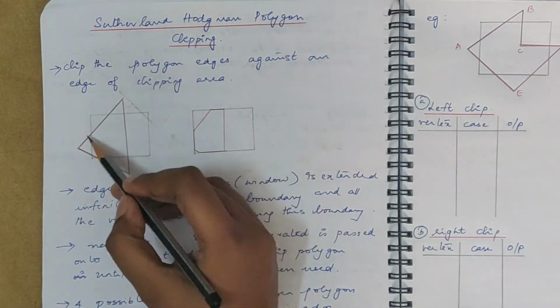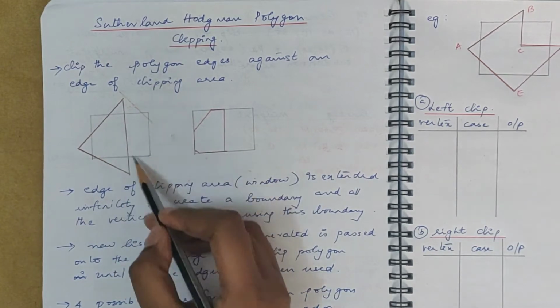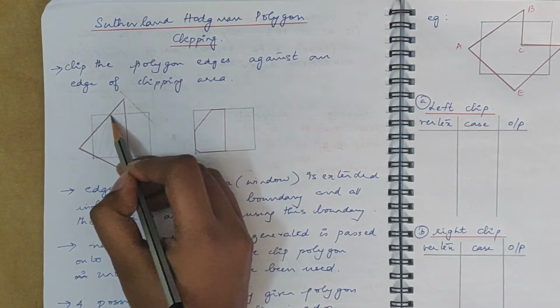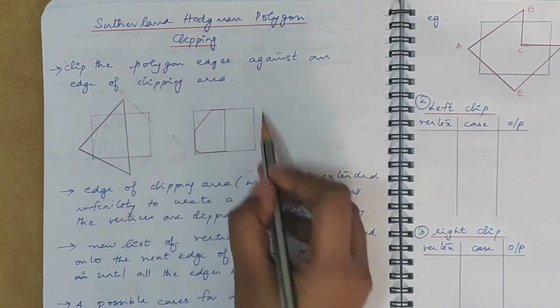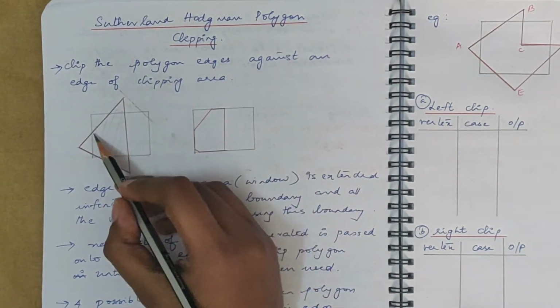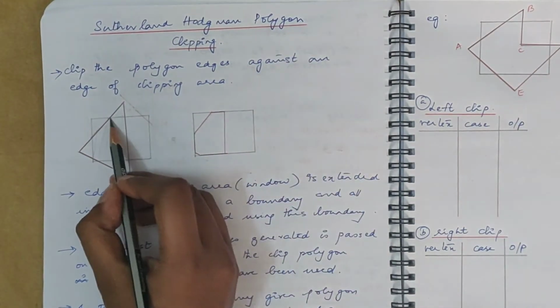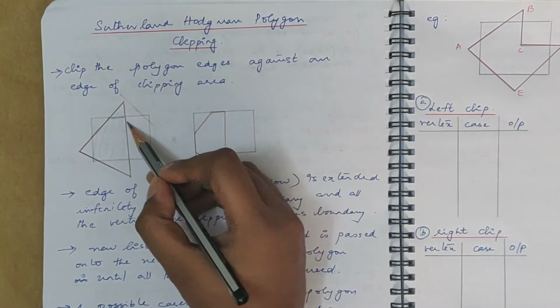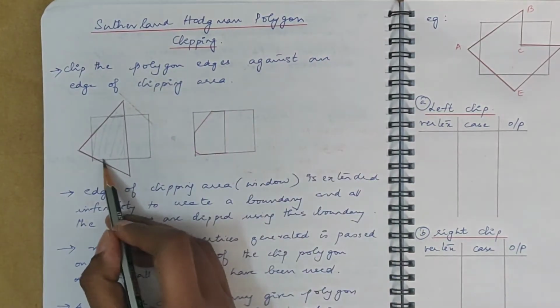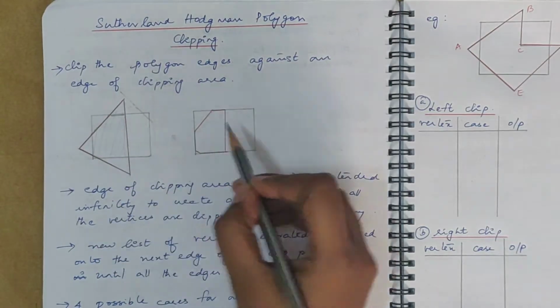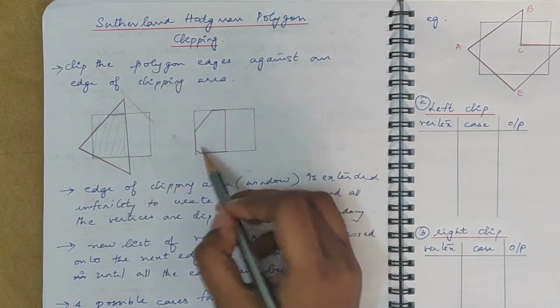After clipping, only this portion should come inside the clipping window. Once the polygon has been clipped, you will have this edge, then this edge, then this edge, and the smaller edge, and this edge. Only this part will be displayed in the clipping window.